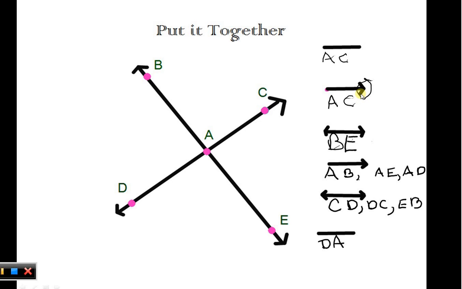Now we're looking for rays, and a ray stops at one end and goes infinitely on the other. So we're going to pick A as our point where it stops, and C, or A and E. A, D, A, B. For our lines, let's pick 2 points to make a line, and that'd be C, D, E, B. And you can keep going on.